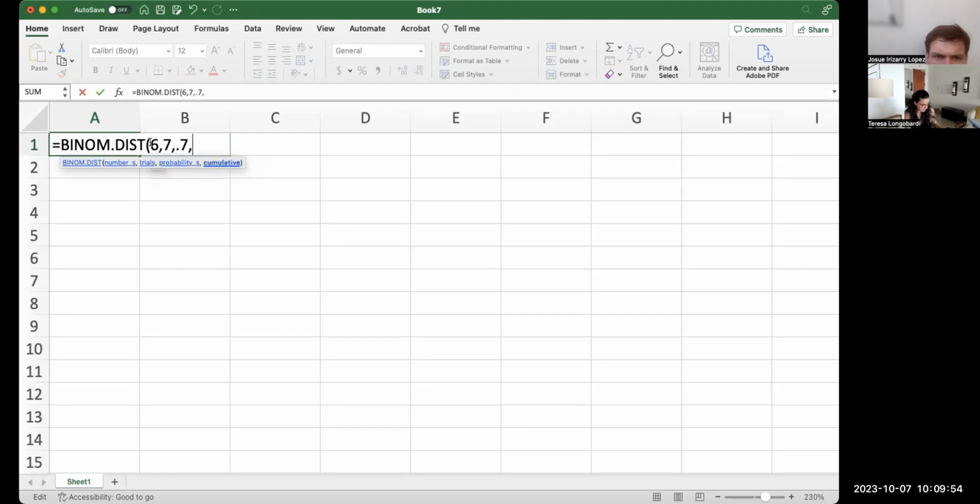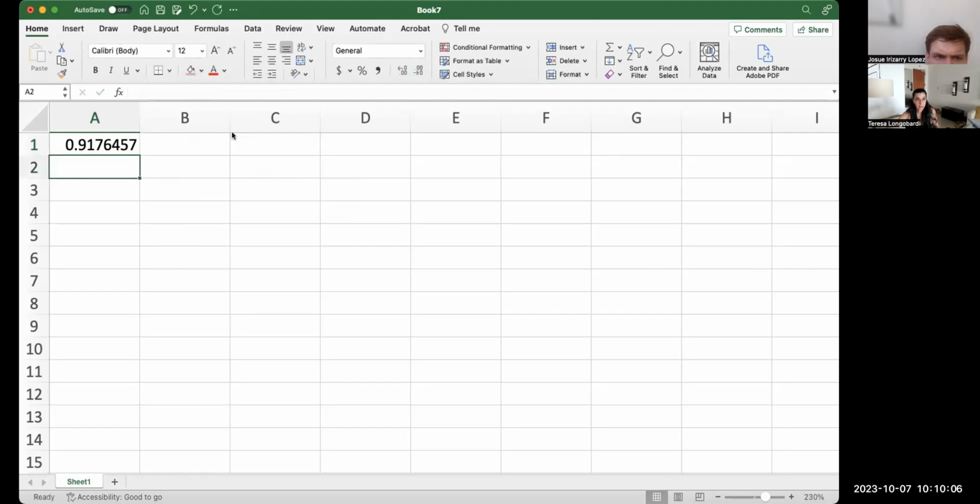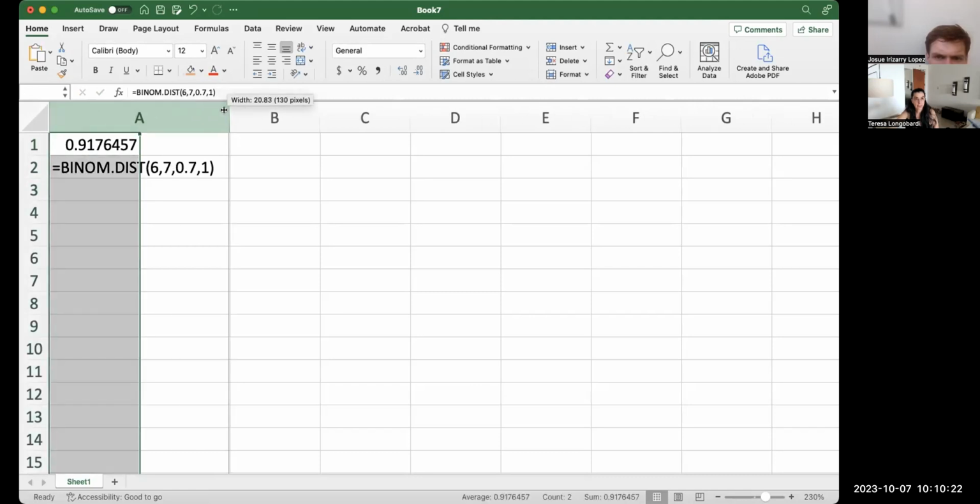I want cumulative, and that will give me all the probabilities summed from 0 to 6. And there's the answer that we got at the end, the 91.76 or 92%. All right, let me show you that. So that's the formula to get that answer from the Lassa fever example.